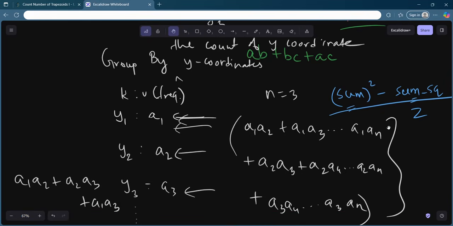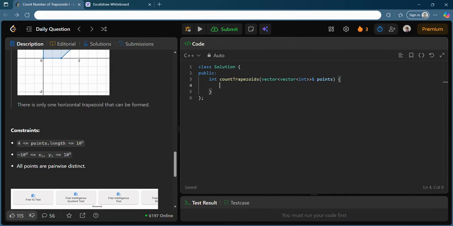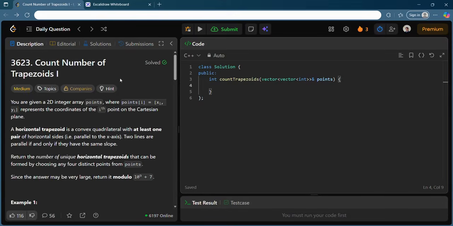Let's start the coding and group by y coordinates at first. We will use an unordered map. Let's say n is the number of points which we have right now, and the unordered map is integer comma integer.